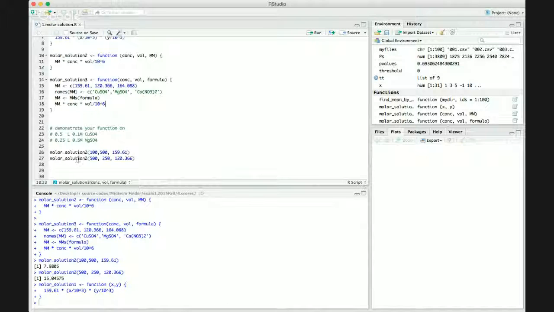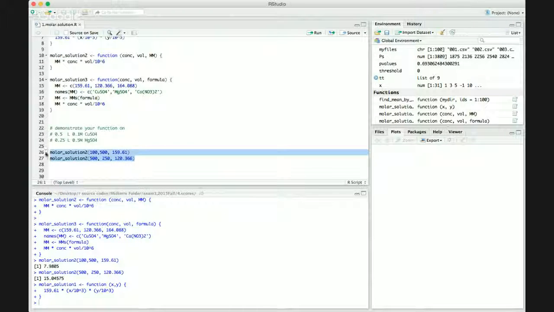I did the same thing for the second question: a concentration of 500, which will give me 0.5 moles, a 250, which will give me 0.25 liters, and then the molecular mass of MgSO4.